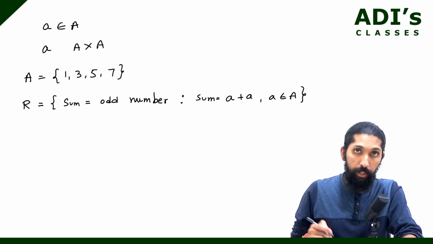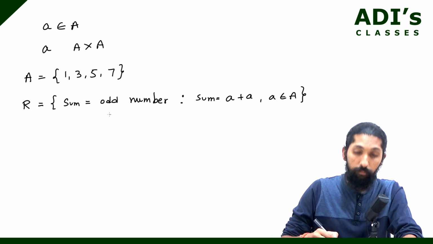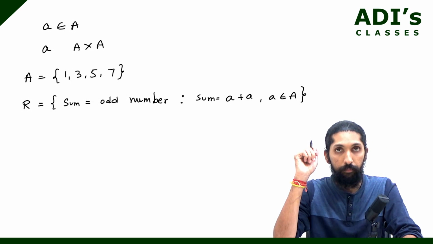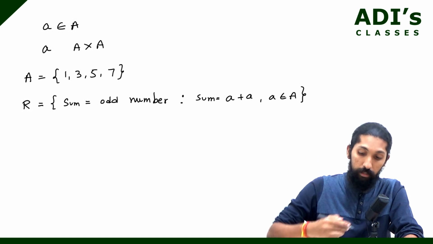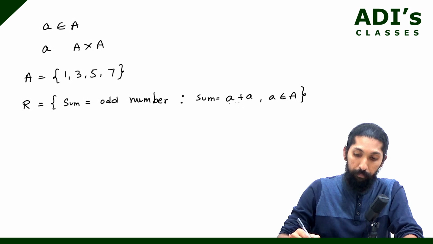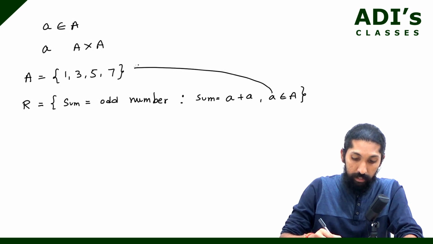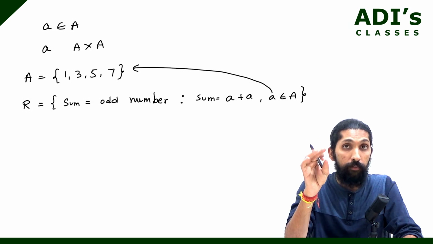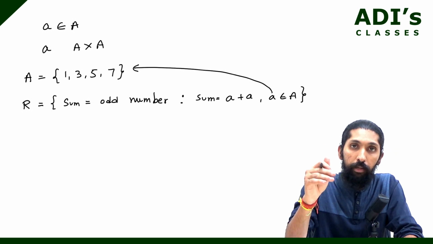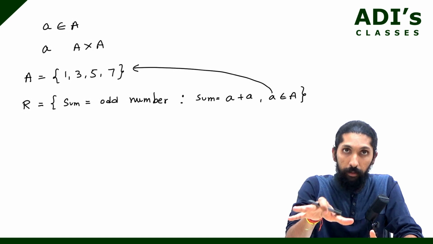That means what are we doing? We are taking the sum to be an odd number, and the sum I'm taking is a plus a, where a belongs to this set A. Look at the numbers 1, 3, 5, 7. Add any number to itself. Are you going to get an odd number? No, right?